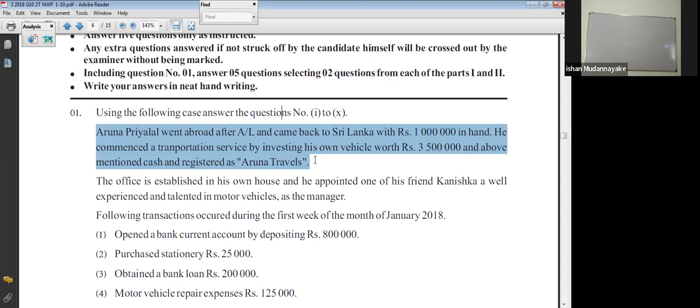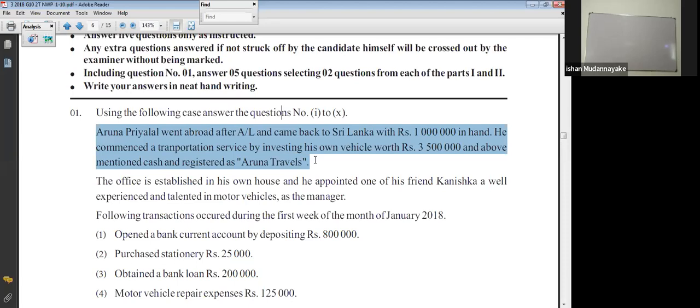He commenced a transportation service by investing his own vehicle worth 3,500,000 and the above mentioned cash, and registered as Aruna Travel.